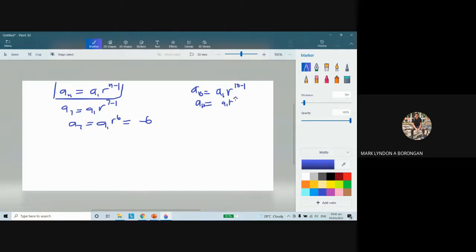If we check, a sub 1 times r to the power of 6: add the 1 and 6, you'll get 7. Same here: 1 and 9, if you add them, you'll get 10. That is how to check if what we did is correct. Okay?